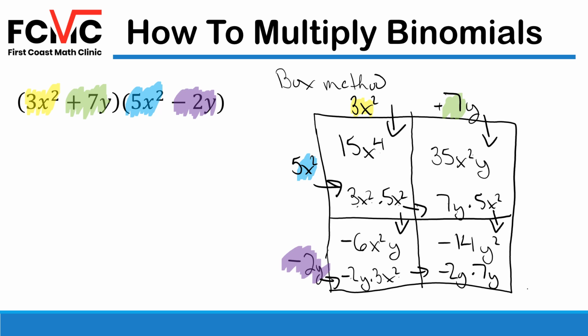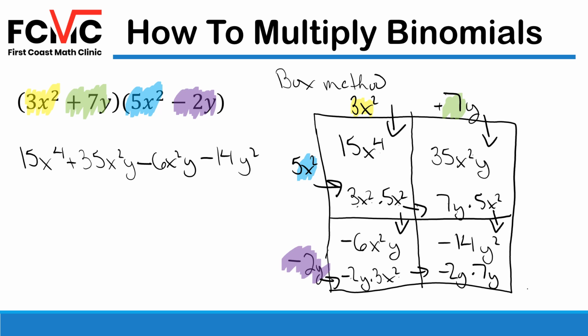So let's write out our terms. We've got 15x to the fourth plus 35x squared y minus 6x squared y minus 14y squared.